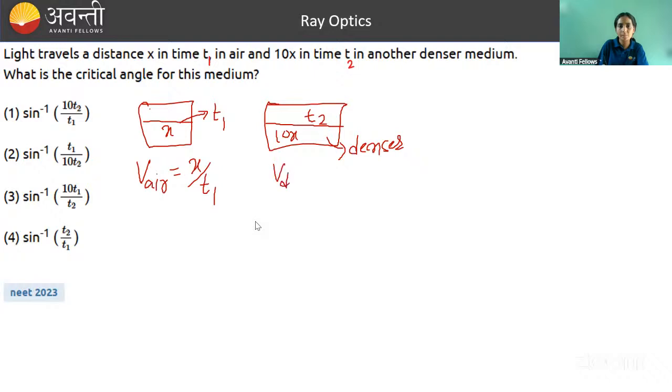So the speed in the denser media will be equal to how much? It will be 10x by t2. Now what do we have to calculate?